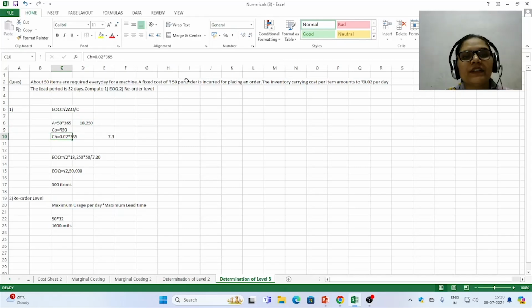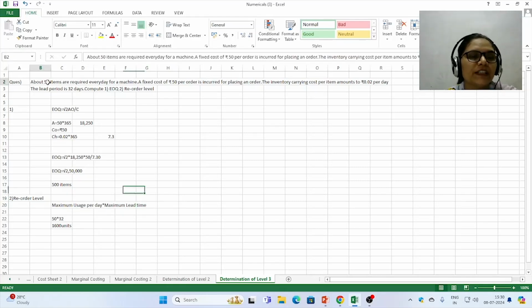Cost per order is rupees 50 and holding cost is 0.02 for one day. So for the full year we multiply 0.02 by 365 and we will get 7.3, and taking the square root of all the calculations we get an economic order quantity of 500 items.